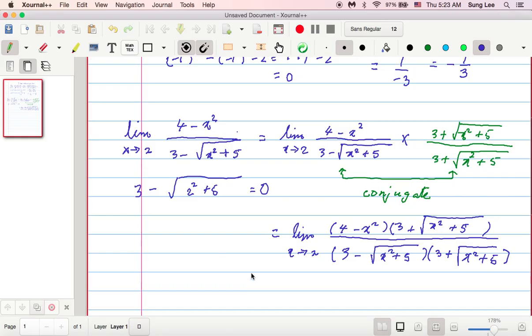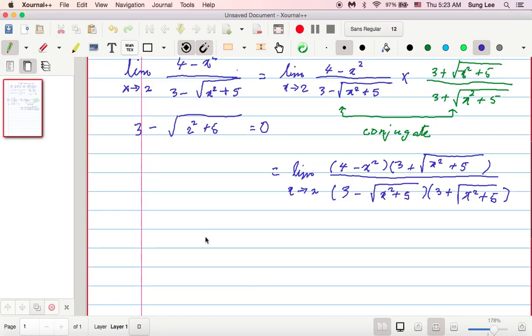There is not much we can do about the numerator part, but there's something we can do about the denominator. This is the reason why we multiply the denominator by its conjugate. Remember this well-known formula: a plus b times a minus b equals a squared minus b squared.